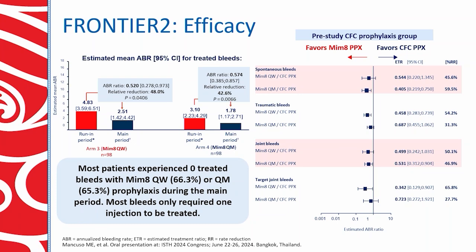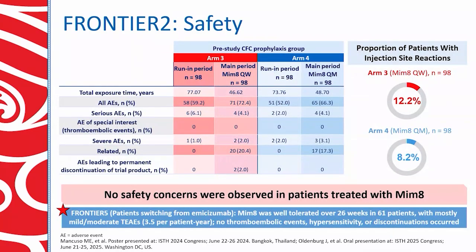Mean ABR was once more reduced with either once weekly or once monthly application of Mim8 compared to the previous clotting factor prophylaxis group. And on the right side of this slide, you can really see that compared to the previous clotting factor therapy, there are advantages for the different subgroups of bleeds with the use of Mim8.